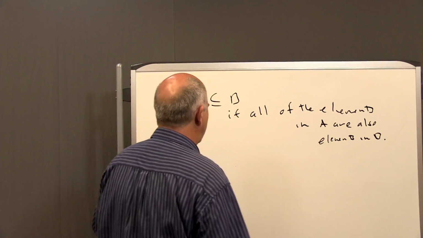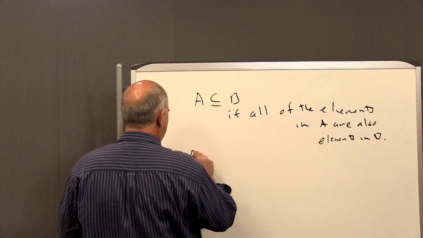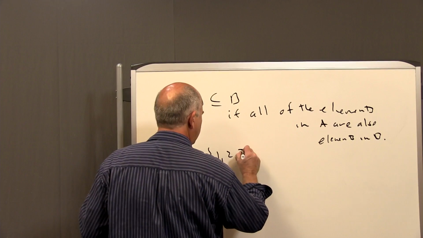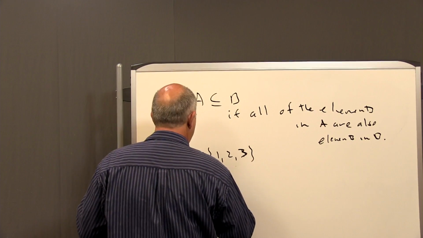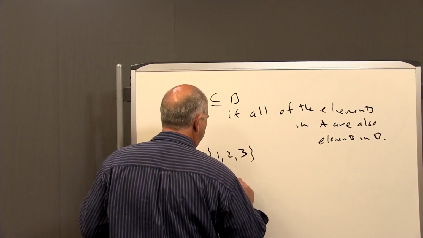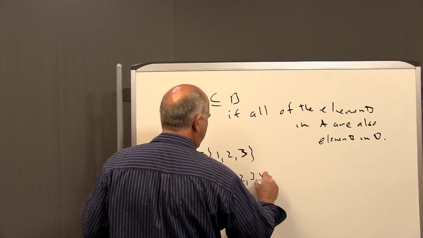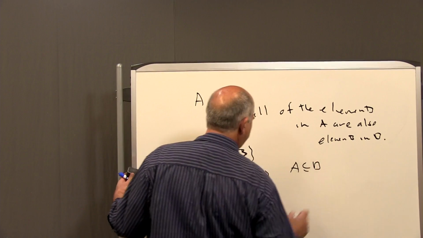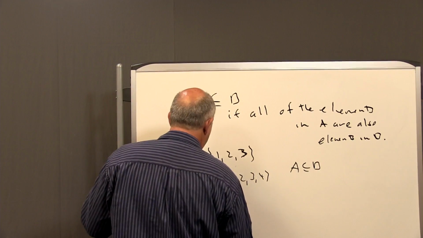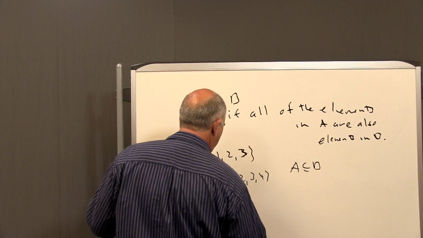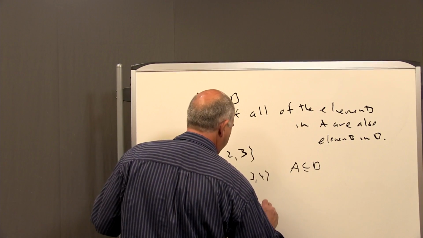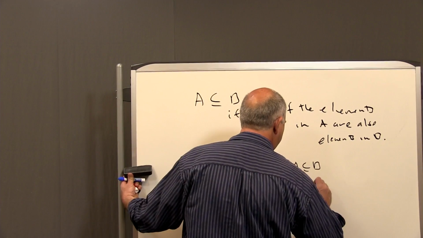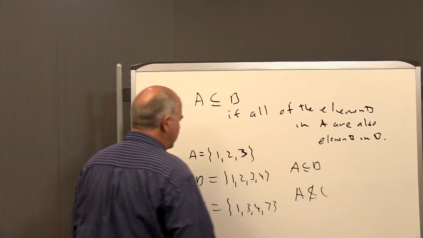Right? So if A is 1, 2, 3, and B is 1, 2, 3, 4, then A is a subset of B. On the other hand, if C is 1, 3, 4, 7, then A is not a subset of C, right?